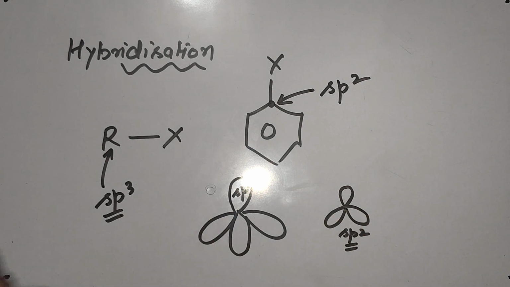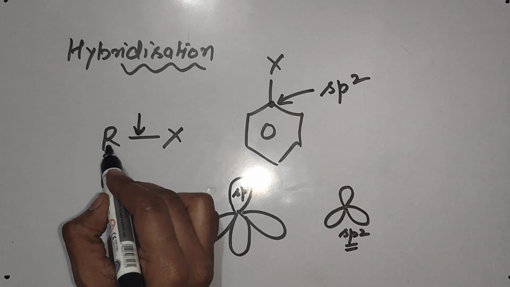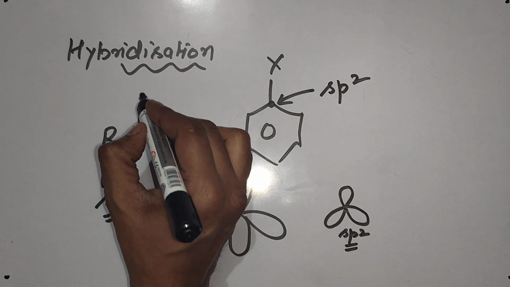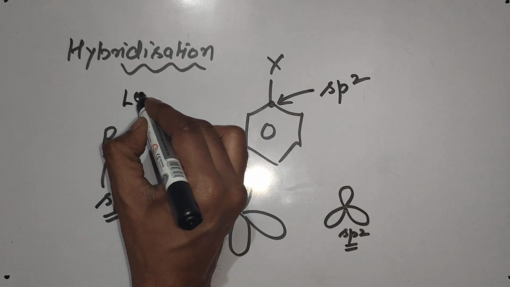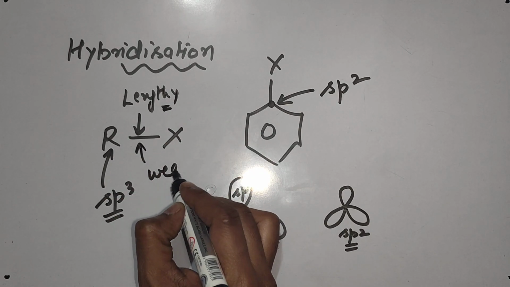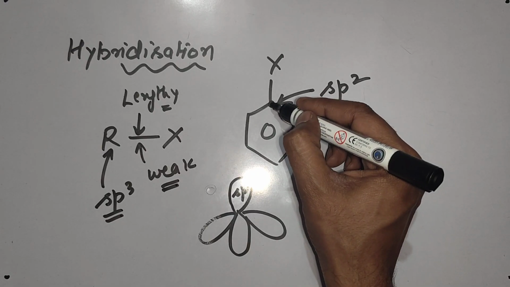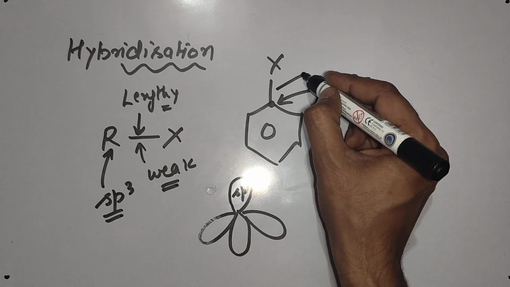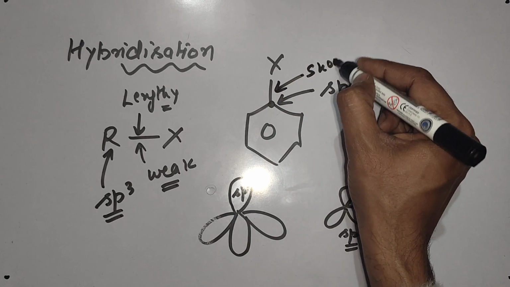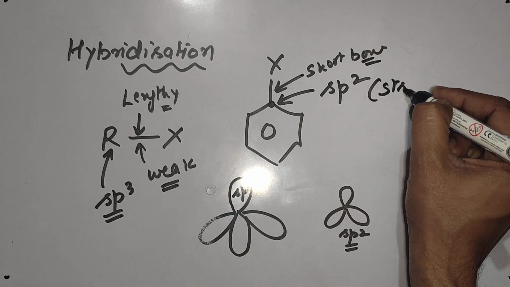Now due to this size difference, because it is using bigger orbital for the bond formation with X, this bond is lengthy bond. And we know lengthy bonds are weak. And this bond, because sp2 it is using for the bond formation with X, it will be a short bond. And we know short bonds are little stronger.